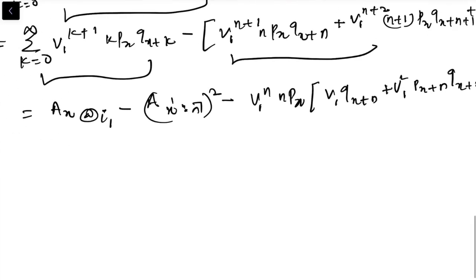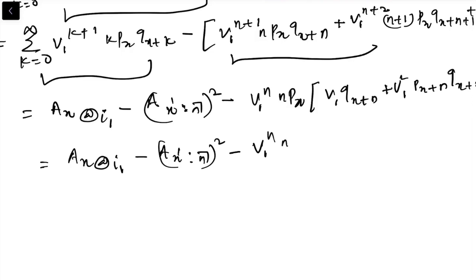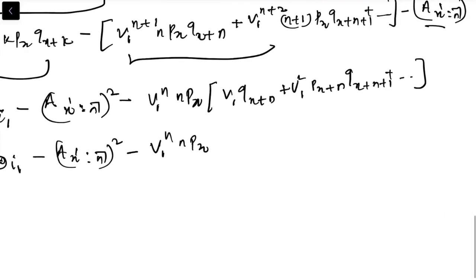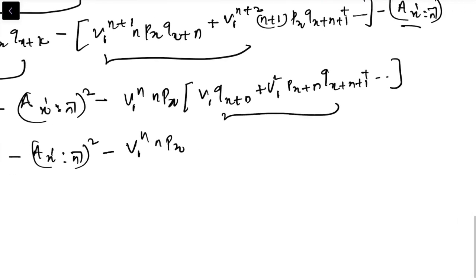All right, so now this is A_x at the rate i' minus (A^1_x:n) whole squared minus v'^n _np_x. Now what is this? This is nothing but A_(x+n) operated at i'.